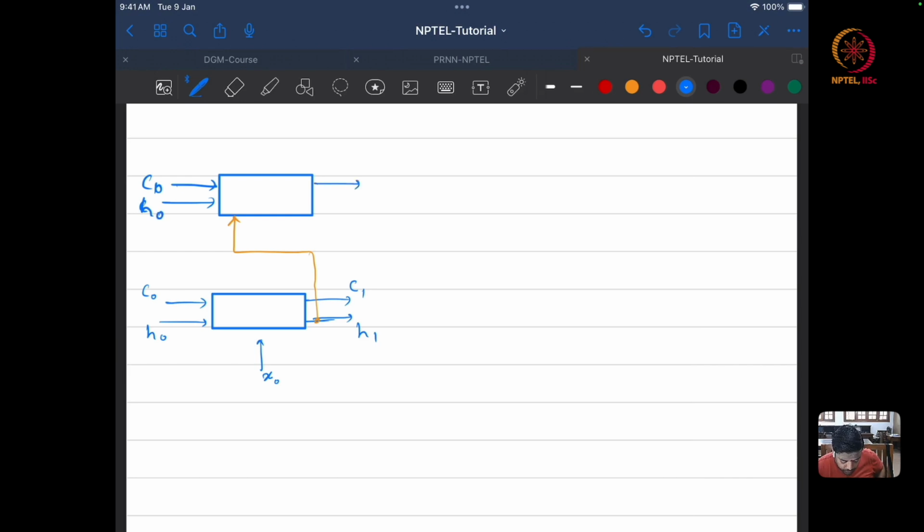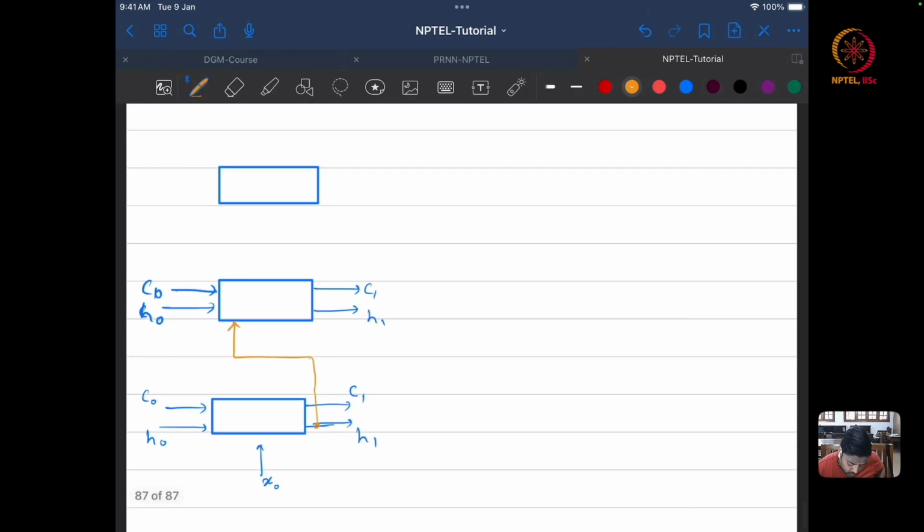Now this will give you C1 and H1. Now again, you take this and give it as an input. Again for this you will have C0 and H0 of another layer. This will give you C1, H1.